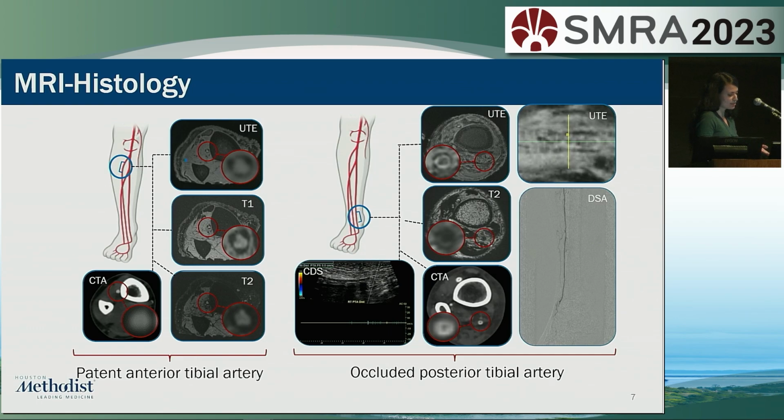The assessment of the CTA images on the left is limited in cases of severely calcified vessels, like here, due to blooming artifacts.